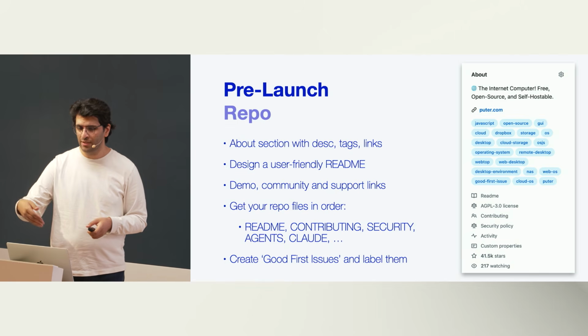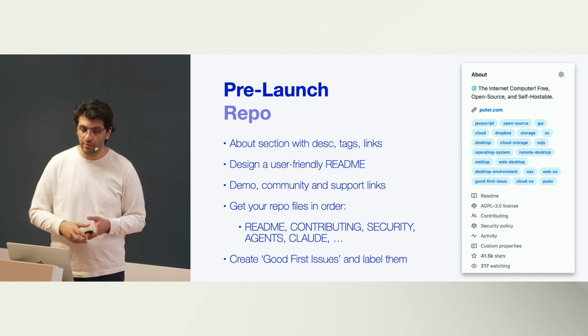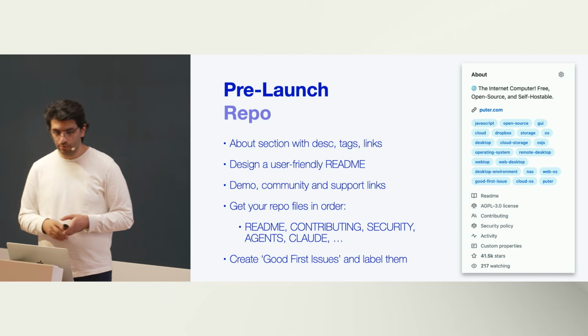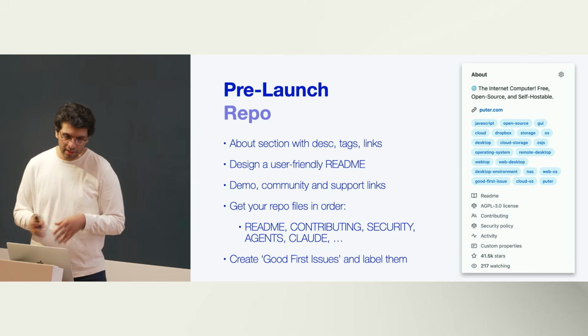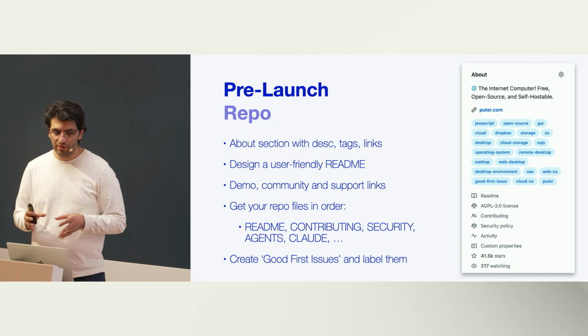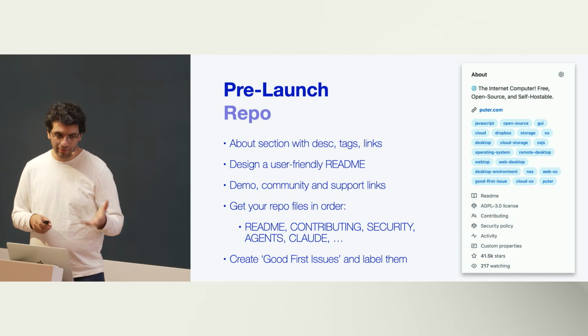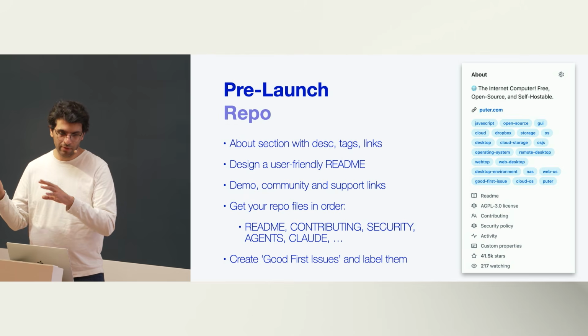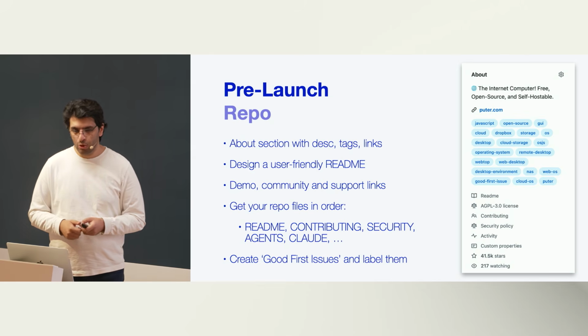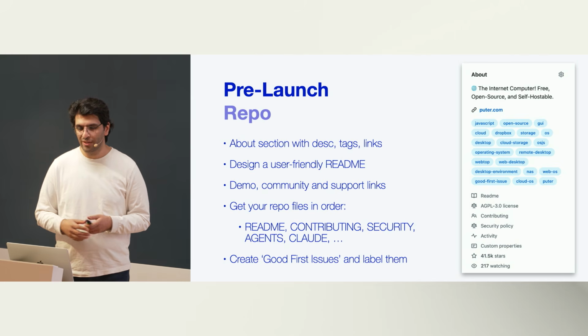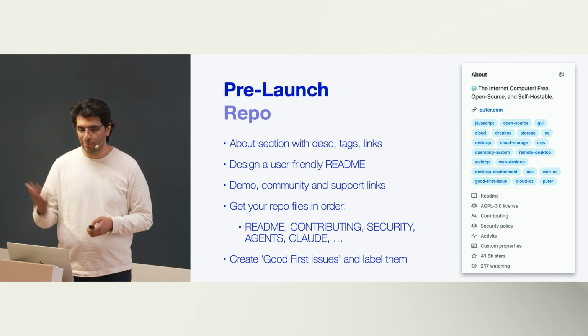And then the rest of what you see there, README, license, everything, is actually filled in automatically from your README and your project. So once you have that About section, the most important part of your repository is actually the README. The About section was a low-hanging fruit, and then you have the README. Design a user-friendly README. I would say don't vibe code your README.